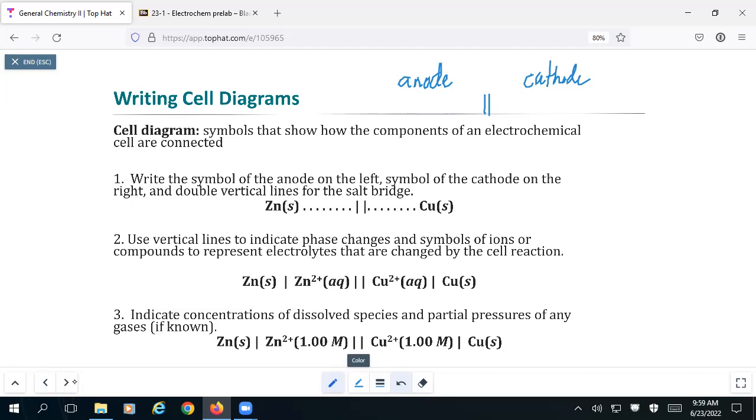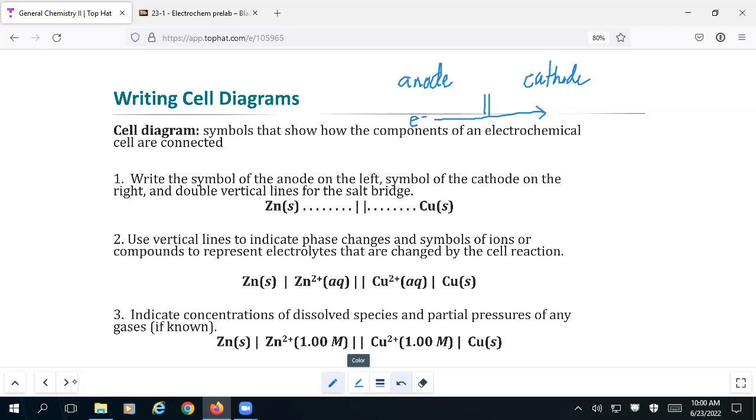Because we are drawing it this way always, we are telling the story: the electrons are going from the left side of this diagram to the right side. The description here tells you how to build that diagram from outside in. Just understand that in the big picture, this is what you're looking at.